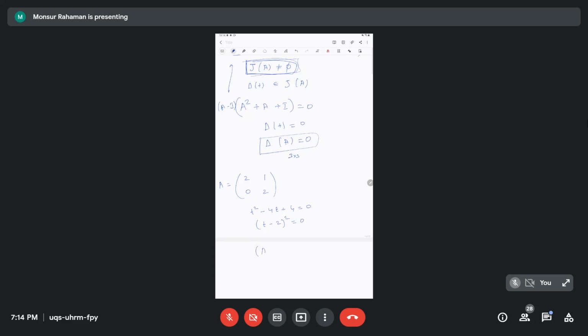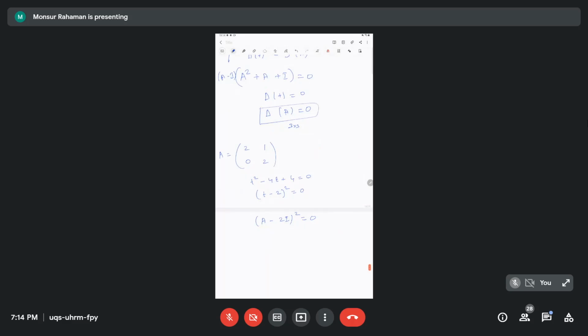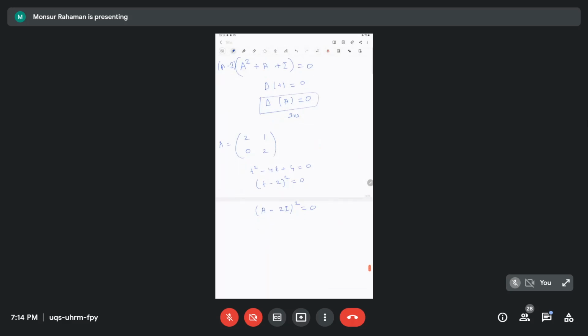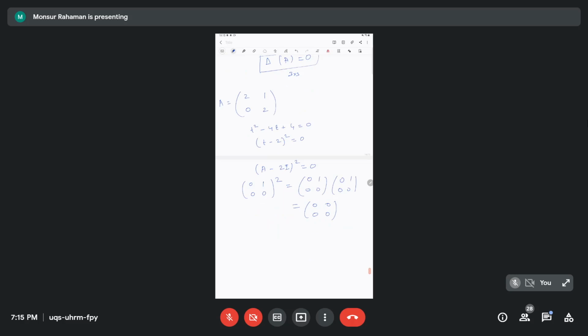So (A minus 2I) square will be 0. Let's check it. A minus 2I is [0 1; 0 0], whose square is [0 0; 0 0]. So it will satisfy.